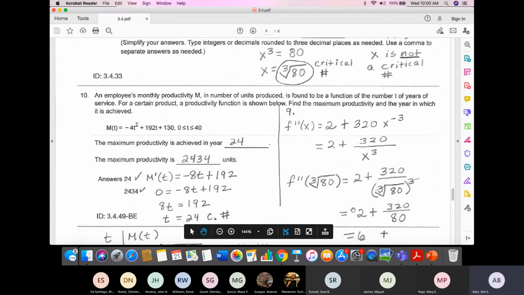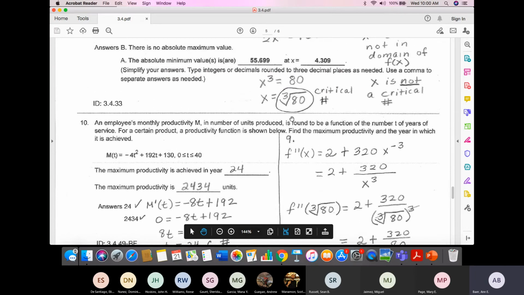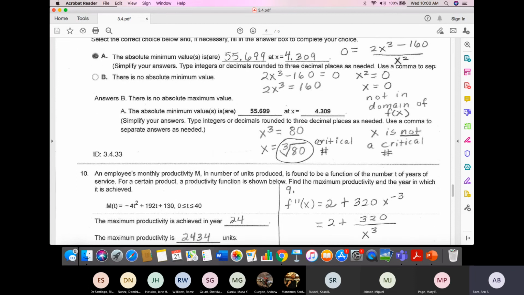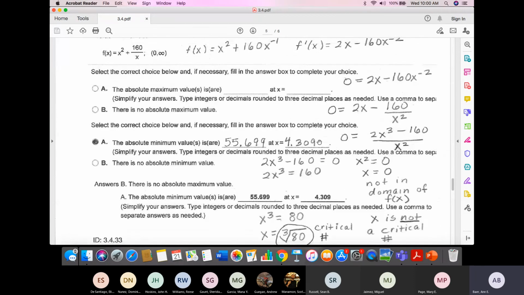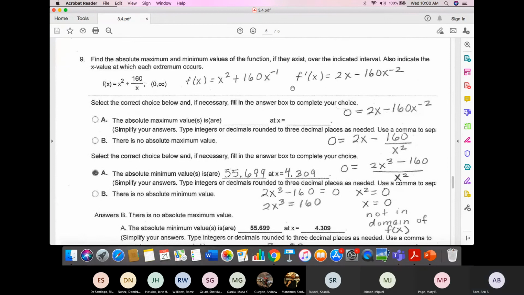You'll notice down here for problem number 9, I'm now taking the second derivative. So let's go back to our first derivative, which is why it's so important to label. Labeling with notation really helps students do math correctly. We're starting at the first derivative, and we want to differentiate again.